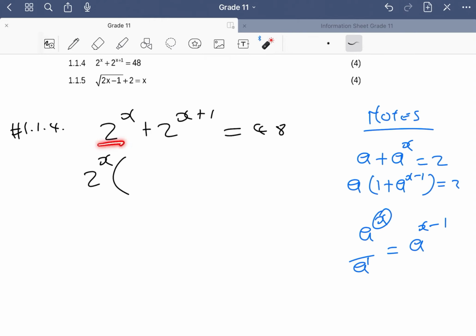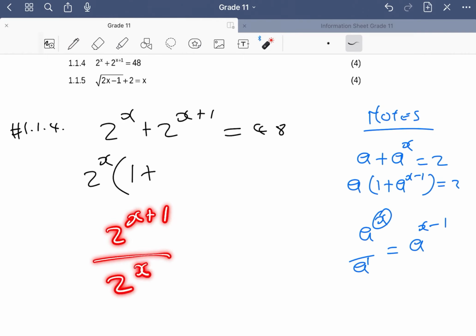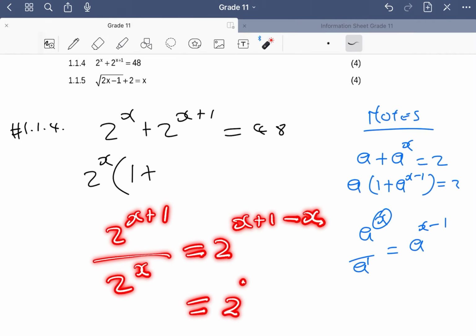So then you can say 2^x divided by 2^x, that's 1. And then doing the same thing here, 2^(x+1) divided by 2^x, again you're dividing, so you have 2^(x+1) over 2^x, so you have 2 power x plus 1 minus that x at the bottom, so that x and that x cancel each other, so you have that positive 1, which is just equal to 2.